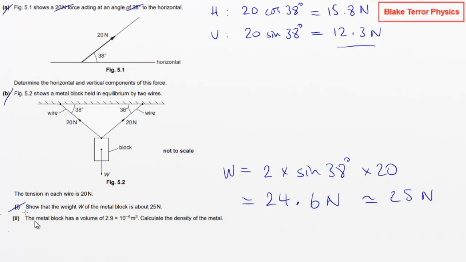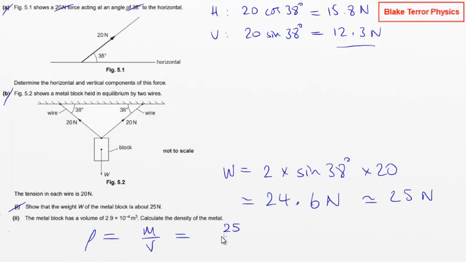The metal block has a volume of that. Calculate the density of the metal. So density is mass over volume. They've given us the volume, and we need to divide the weight by g.